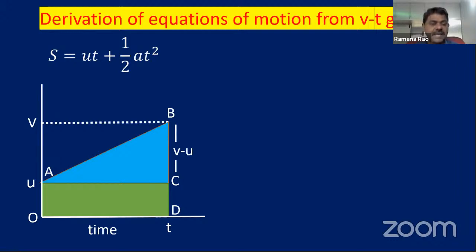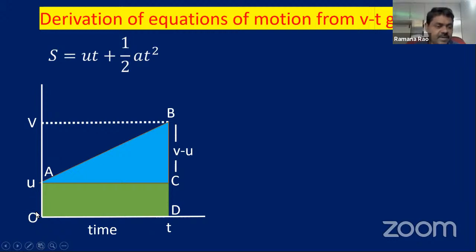So this is the velocity time graph. You can see, children, this is the velocity time graph for uniform acceleration, because in this session we are dealing only with uniform acceleration. We are not going to discuss non-uniform acceleration. You can understand this is the origin, and on the y-axis we have velocity.